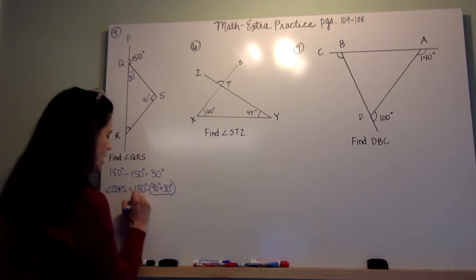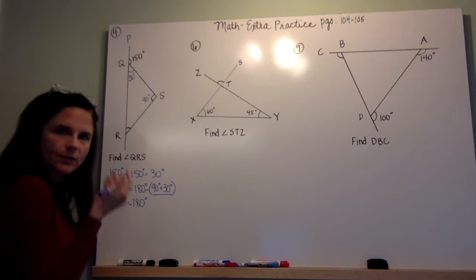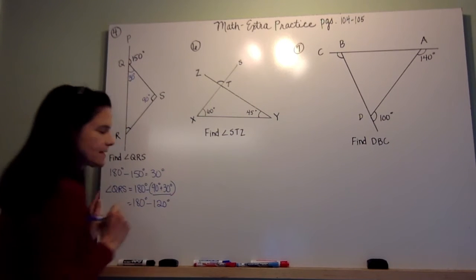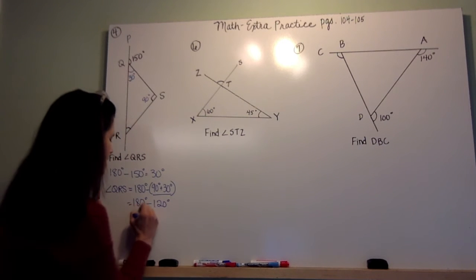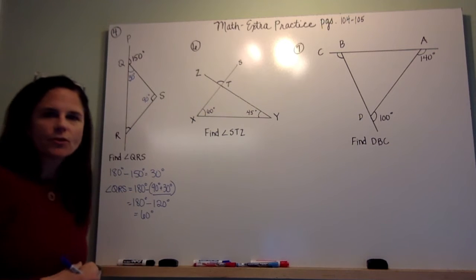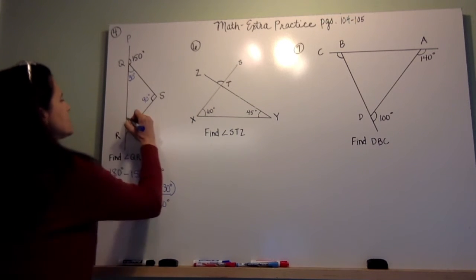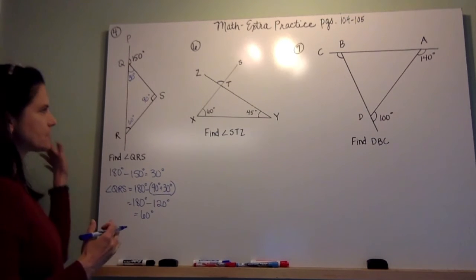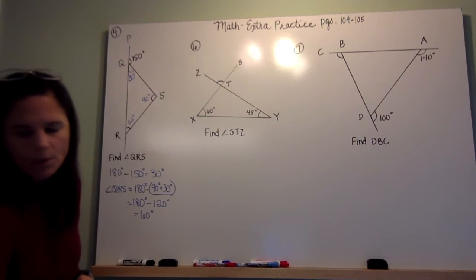And when you use your order of operations, you don't have to, but it's helpful, nice to do if you can, you should get 180 degrees minus 120 degrees, and that gives you your answer of 60 degrees. So this unknown angle right here is 60 degrees. Solved that one.